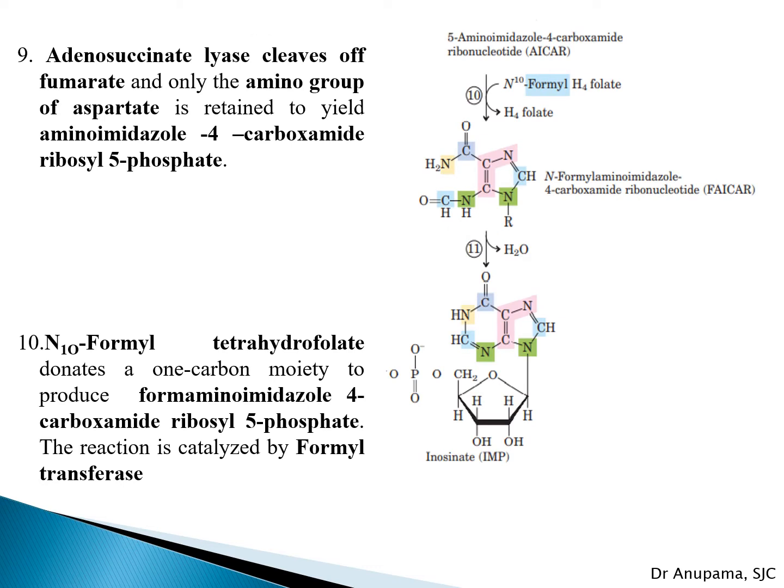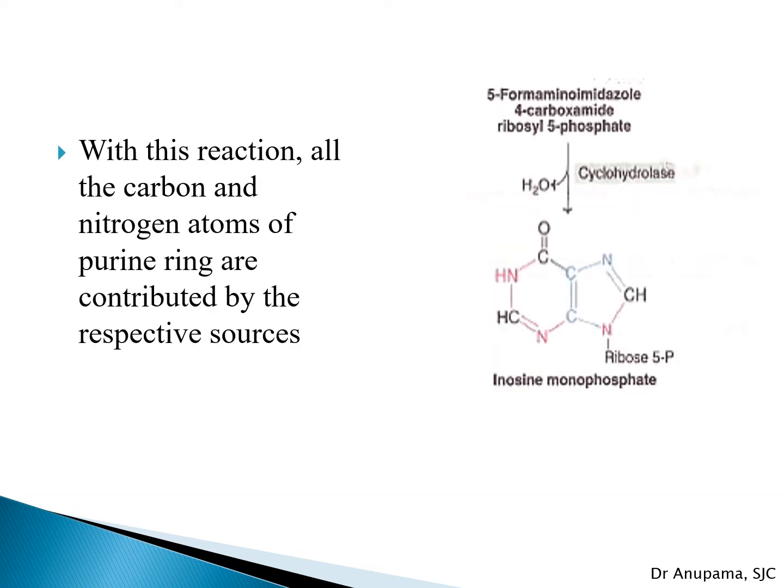The last step involves cyclization at this state, resulting in Inosine Monophosphate. This reaction is catalyzed by cyclohydrolase. So with this we get Inosine Monophosphate, and we have the purine synthesized.